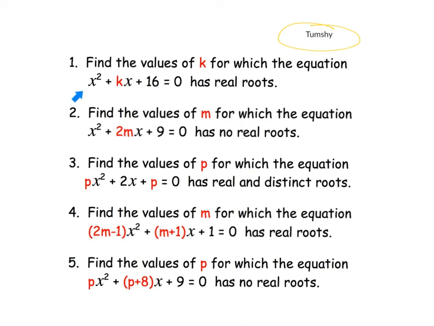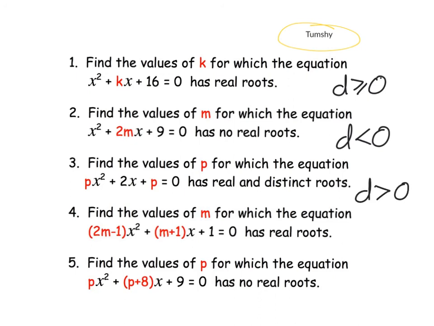Well, here are your hints. Number 1 has real roots, where you want the discriminant to be greater than or equal to 0. Number 2 has no real roots, so the discriminant has got to be negative, less than 0. Number 3, real and distinct roots, means the discriminant can only be positive.